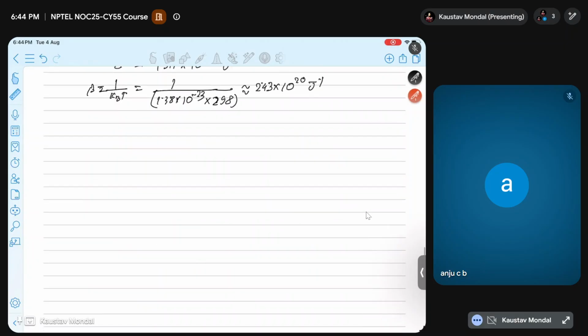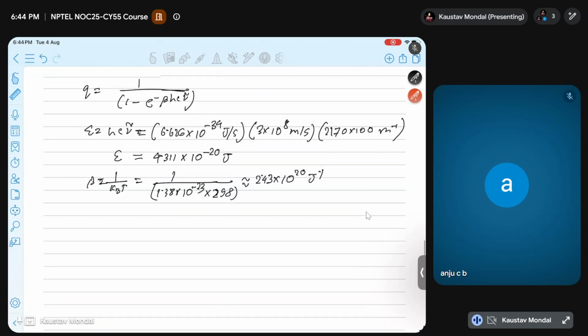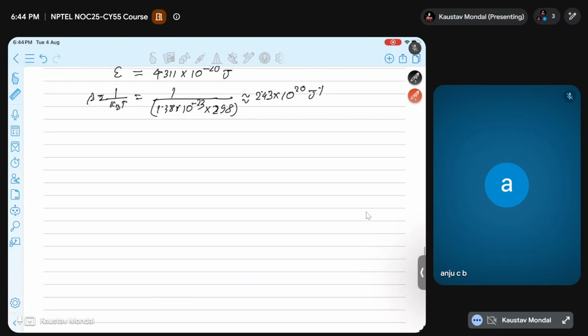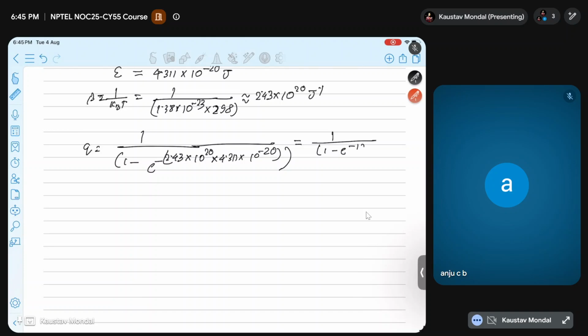Now we have to substitute all of this into the expression of Q. So Q would be equal to 1 by 1 minus e to the power minus 2.43 into 10 to the power 20 into 4.311 into 10 to the power minus 20. If you multiply this whole thing, it gives 1 by 1 minus e to the power minus 10.48.